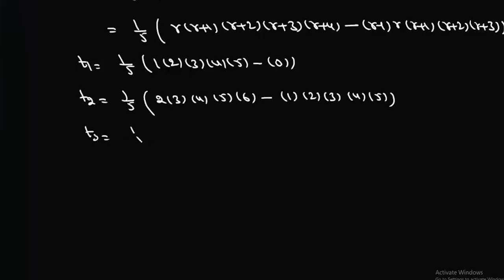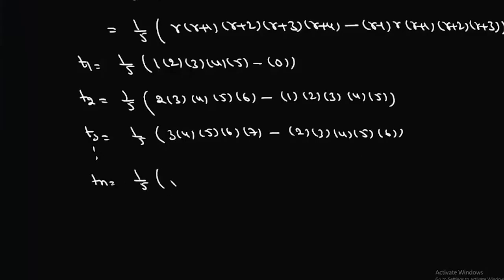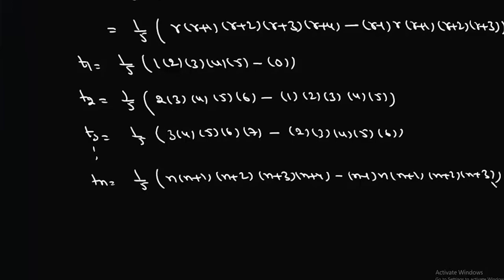Third term is 1 by 5, and this is 3, 4, 5, 6, 7 minus 2, 3, 4, 5 and 6, and its nth term is 1 by 5, n plus 1, n plus 2, n plus 3, n plus 4 minus n minus 1, n plus 1, n plus 2, n plus 3.